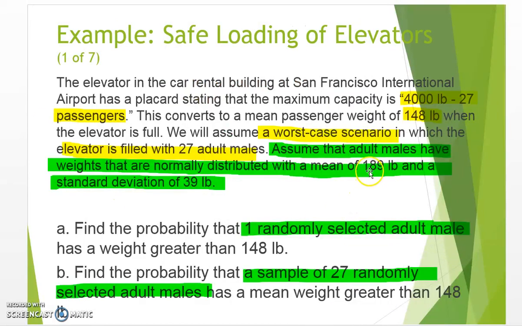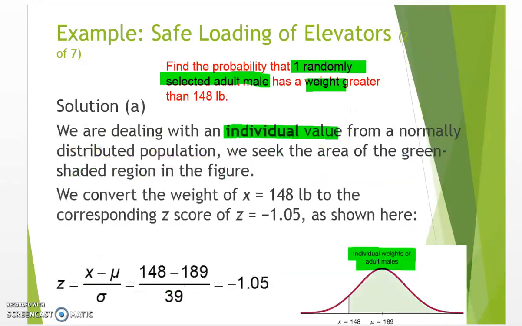Based on the description, they have a mean of 189 pounds and a standard deviation of 39 pounds. So you put 189 in the middle for x. So here is our mean, and here is x, which is the individual weight for one adult male.